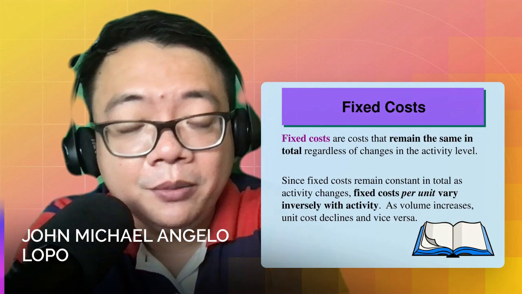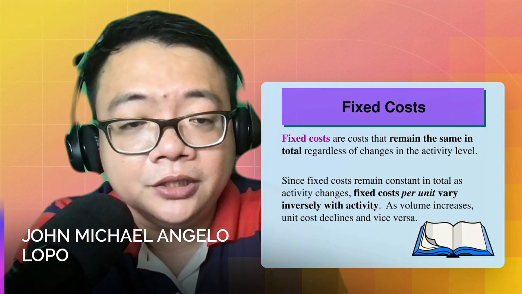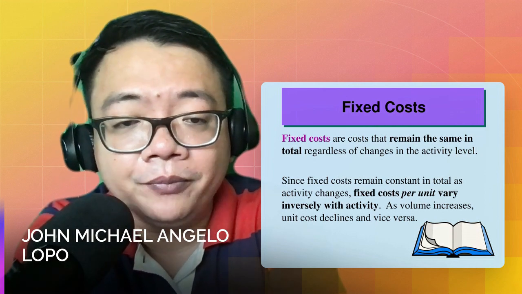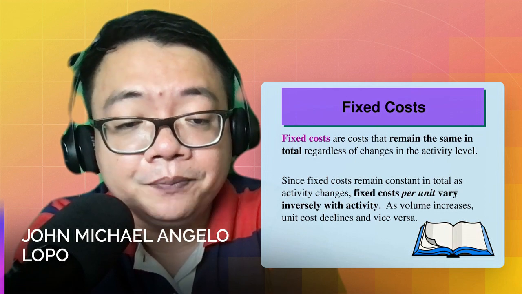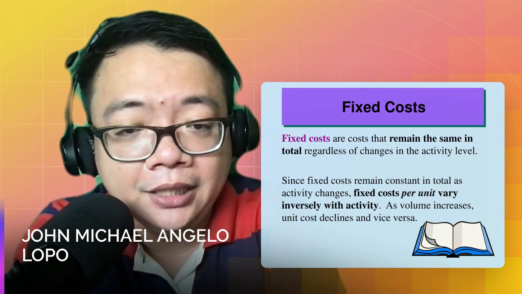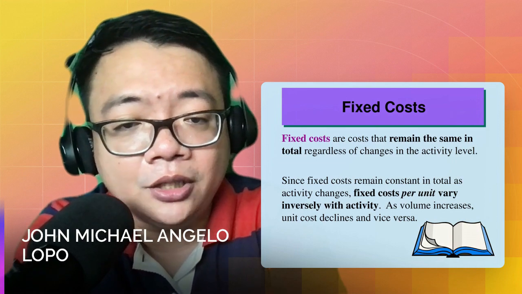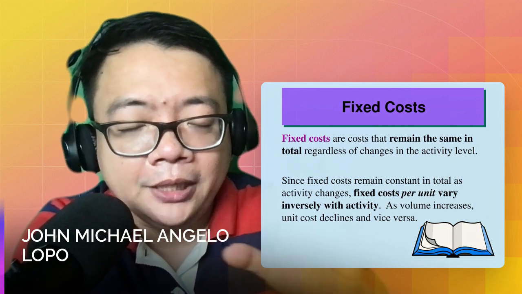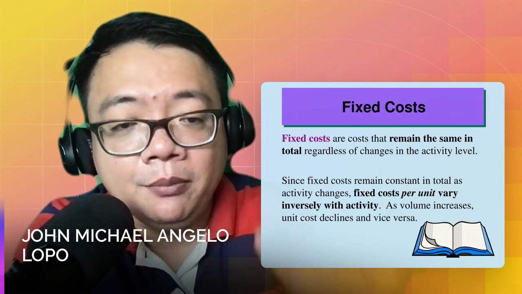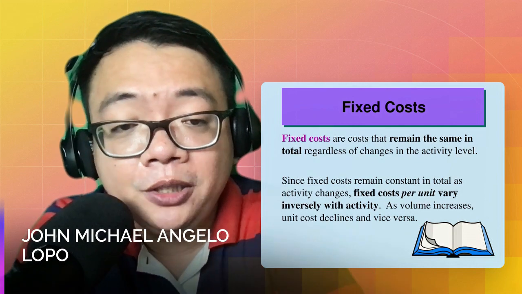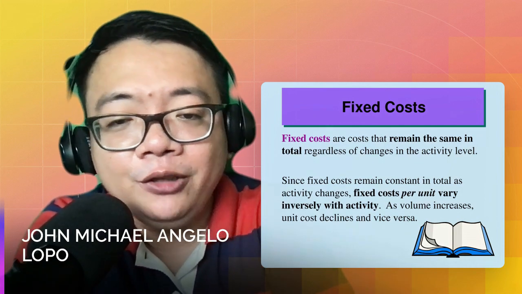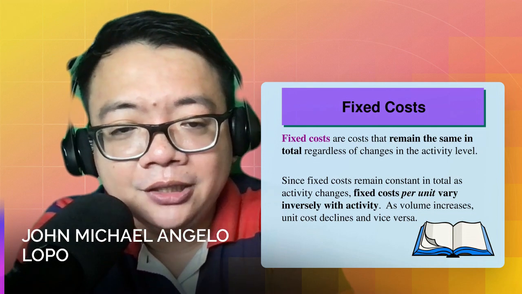Their cost will remain the same regardless of the changes in the activity level, while the fixed cost per unit will vary inversely with the activity. Since fixed costs will remain constant, fixed cost total will remain the same, but the fixed cost per unit naman will vary inversely with the activity level.